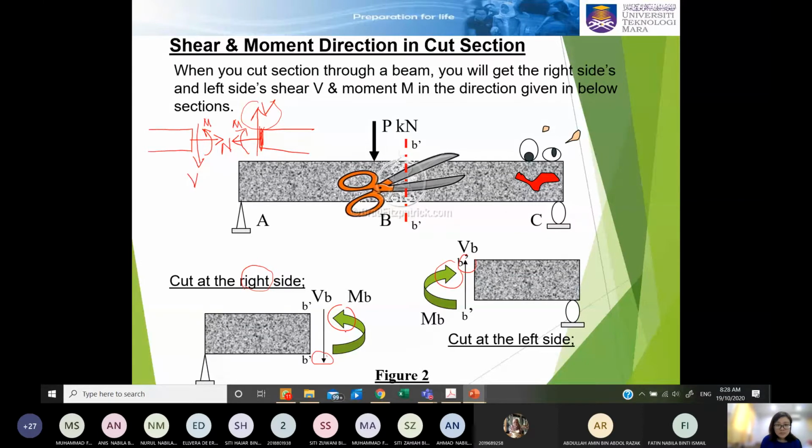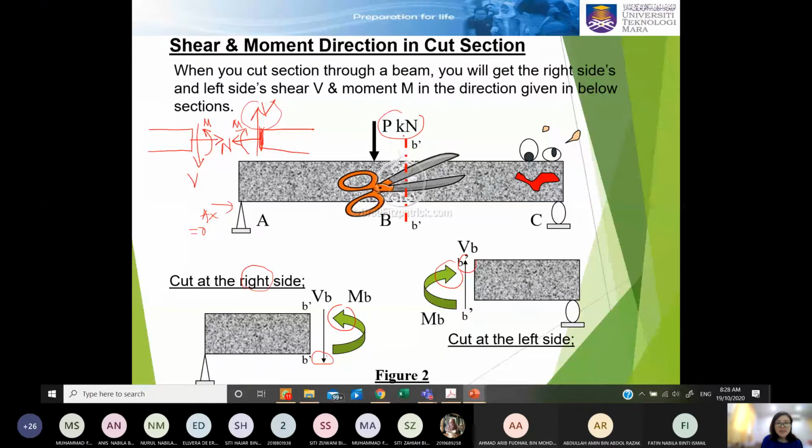Anyone? Class? Because the external load is perpendicular. Yes, because there are no horizontal forces in this case. Even though we have AX, it will eventually become zero because this P kilonewton is straight.